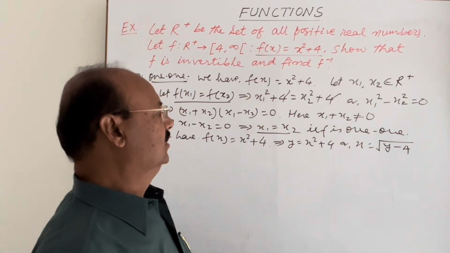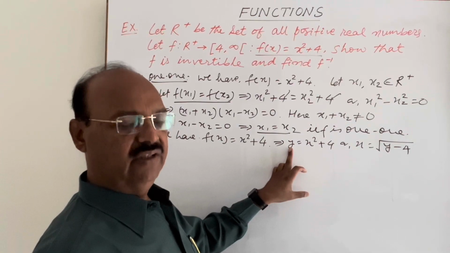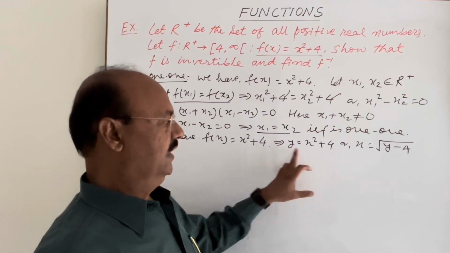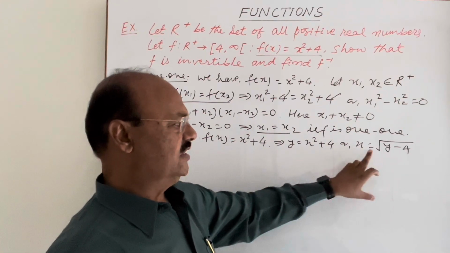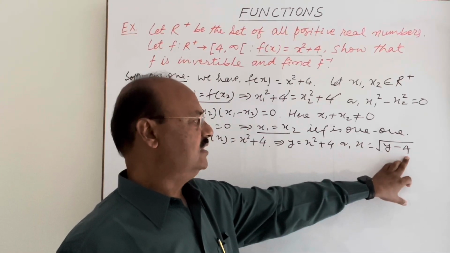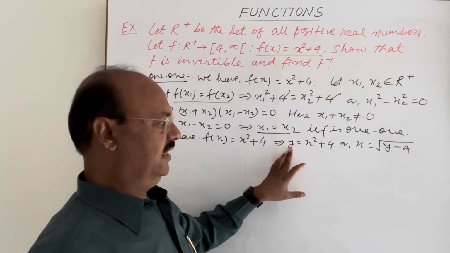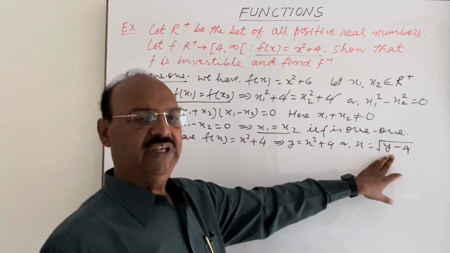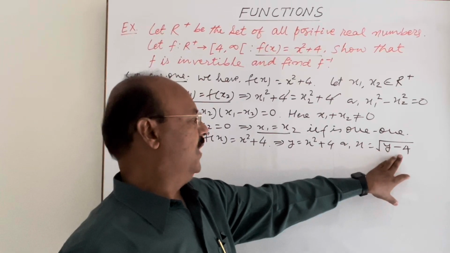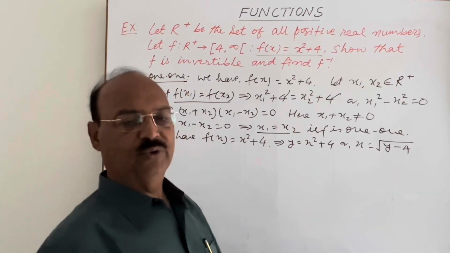It means with respect to this element y in range, we will get a pre-image in domain x, which is equal to root over y minus 4. In other words, for every element y in the range, we are getting pre-image x, which is equal to root of y minus 4. So this function is onto function.